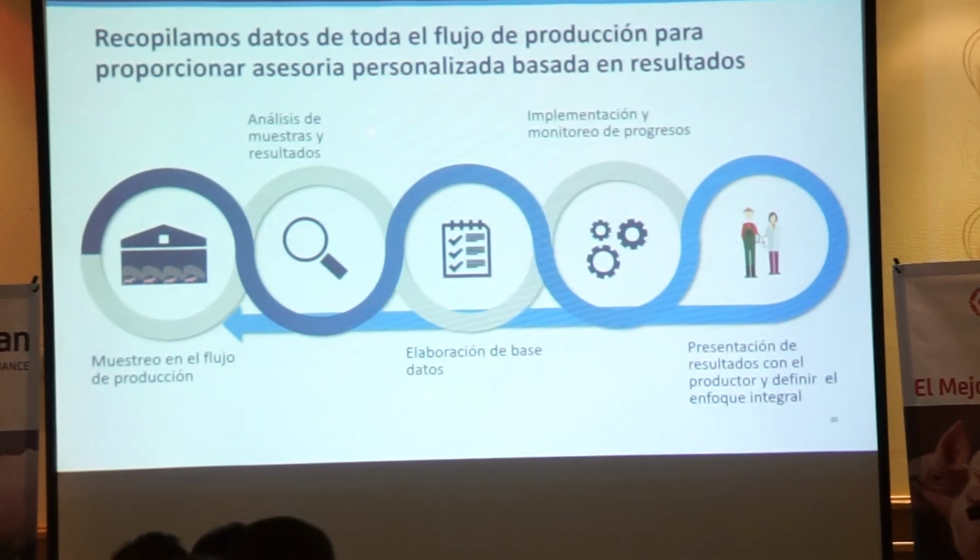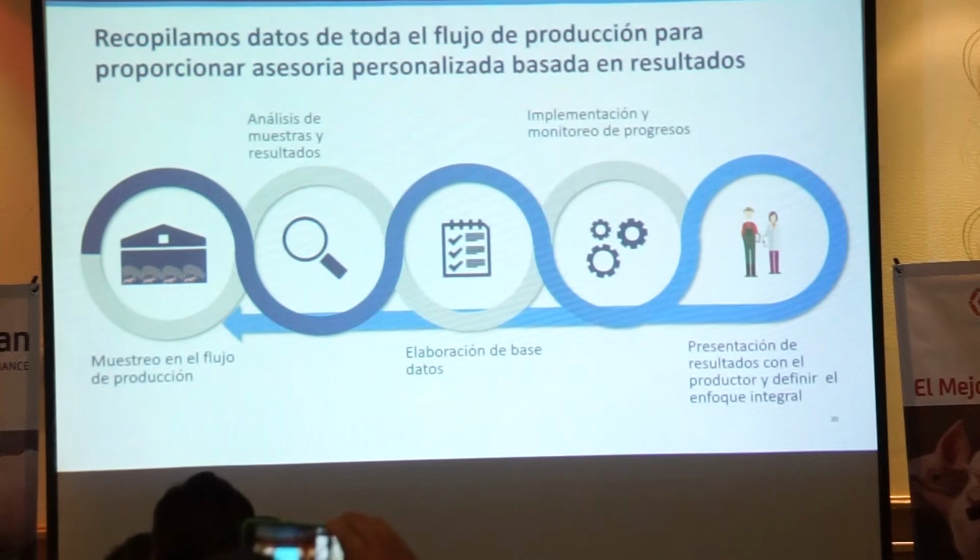Then we analyze the results, combining them with, for example, your performance data, anything you have, and then we try to implement a solution. With implementing that solution, we want to monitor how you are improving, hopefully. And at the end, we together take a look at the complete process and define the strategy moving forward.